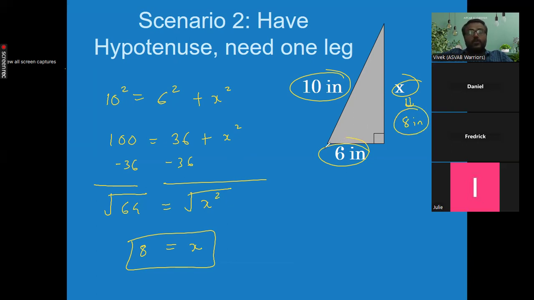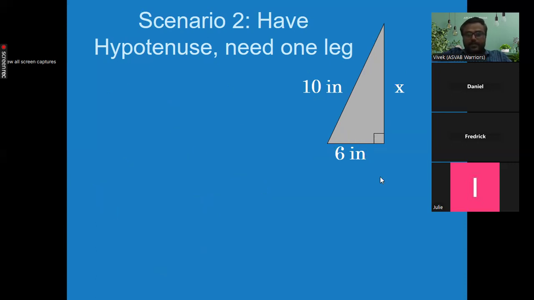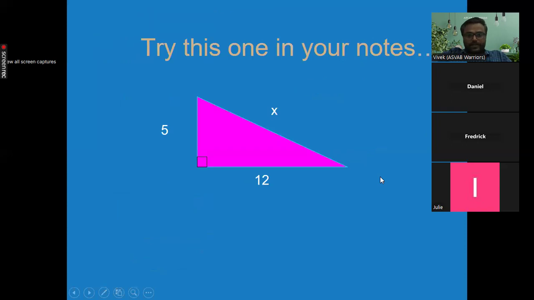I hope you understood this. If you want me to solve it once again, please let me know in the chat box. Okay, I think everyone understood it. Let's move ahead. Can you guys solve for x and give me the answer?